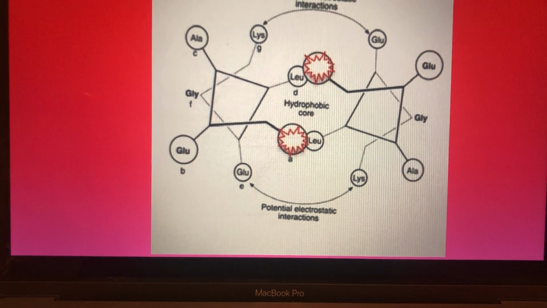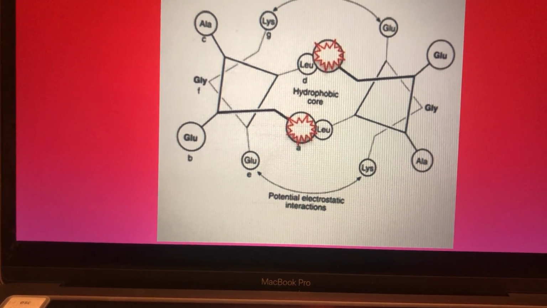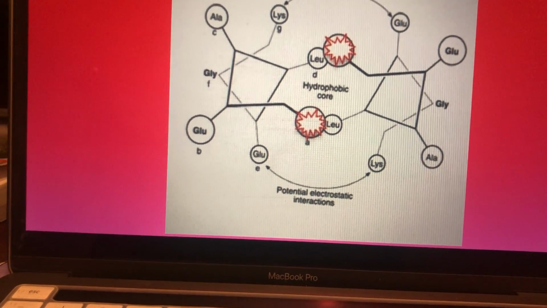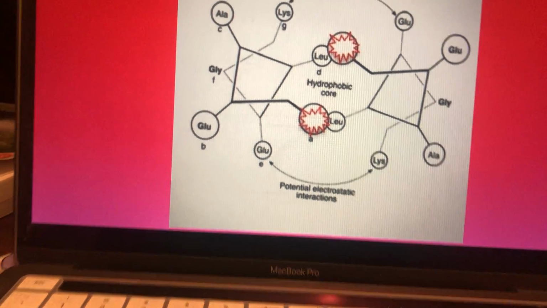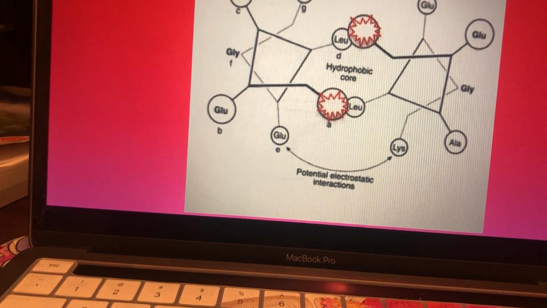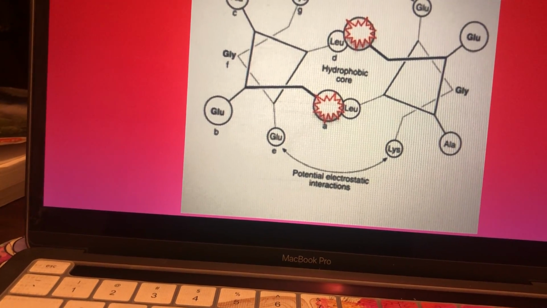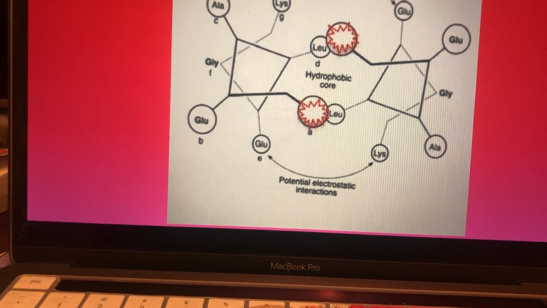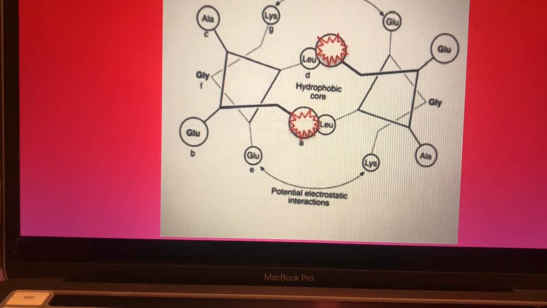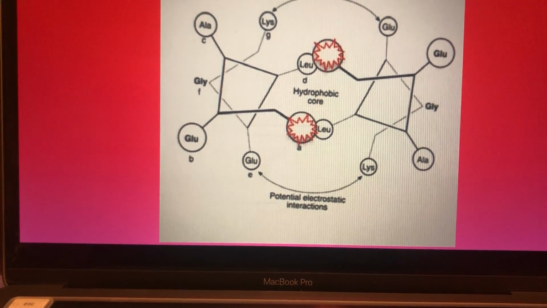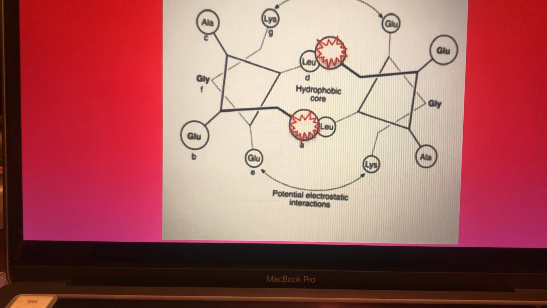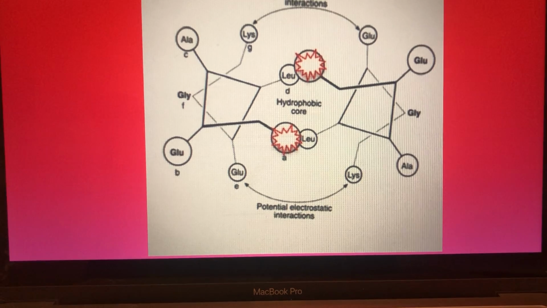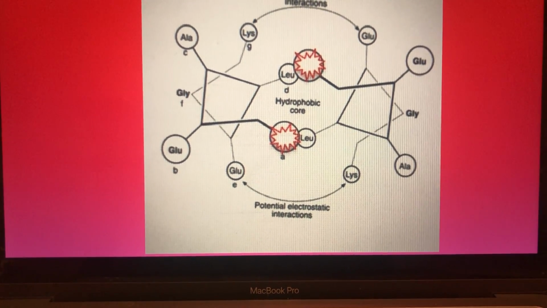The last part of that first prompt asks us to pick which amino acid we could put in instead of leucine to destabilize the hydrophobic core. We would want an amino acid that is more polar and has a positively charged side chain. One that falls into that category would be arginine or lysine.